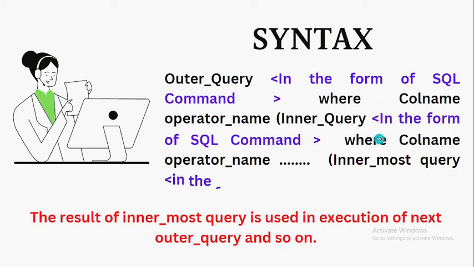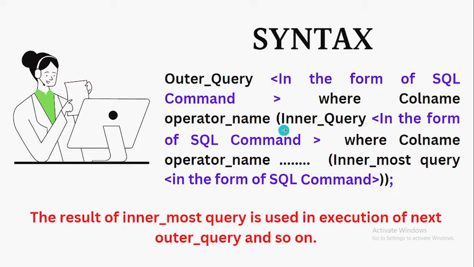Now what syntax we have to use? As we said, it is a query written inside a query. So here you can see the syntax is outermost query, which should be written in the form of SQL command, where column name and operator name.